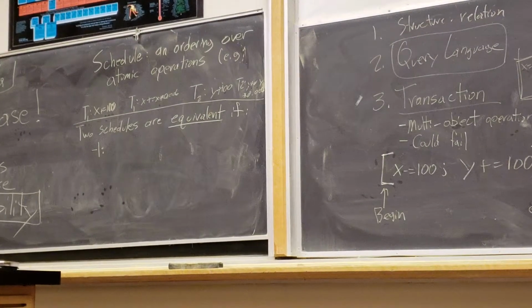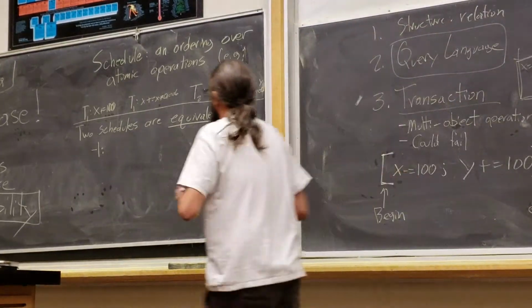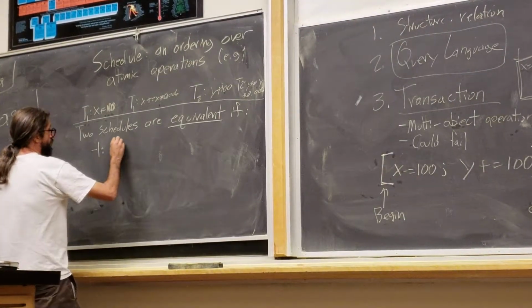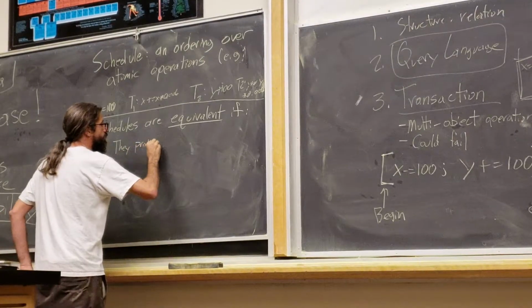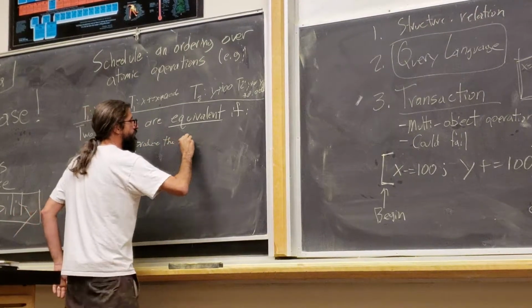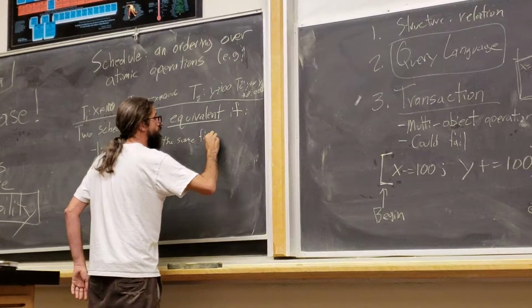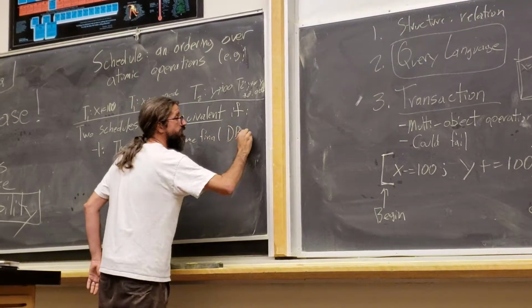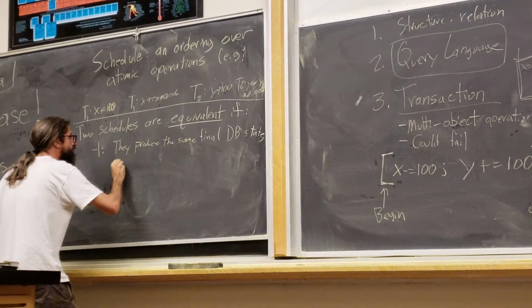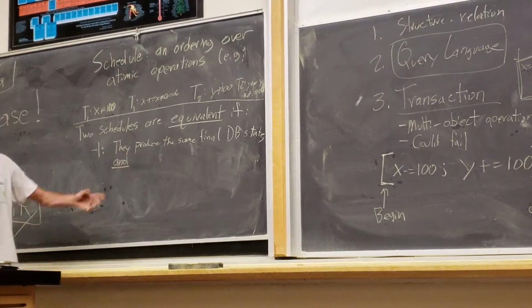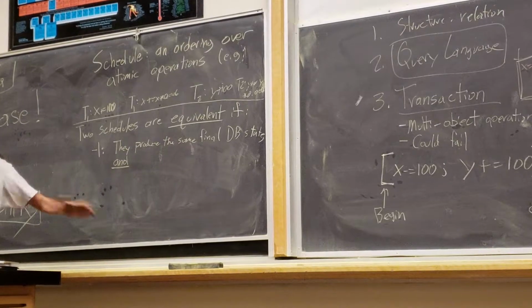When the outcome is the same? If they produce the same final database state. It depends what you mean by outcome, right? So the database ends up in the same place: the values of X and Y are the same.